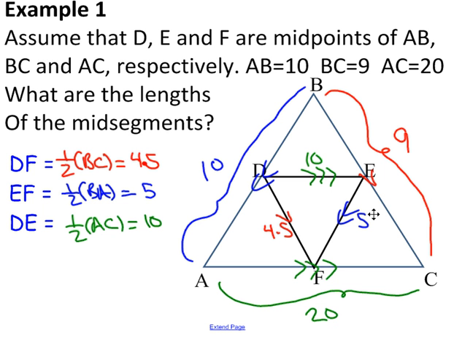You're going to notice that the perimeter of the big triangle is equal to 39. And the perimeter of the little triangle, DEF, is half of 39. So what that tells you right there is that the triangle DEF and the triangle ABC have a 1-to-2 ratio relationship.